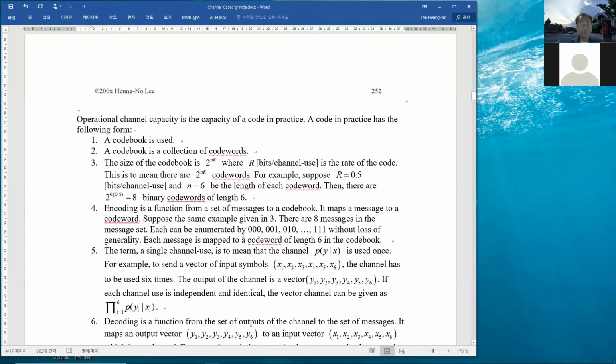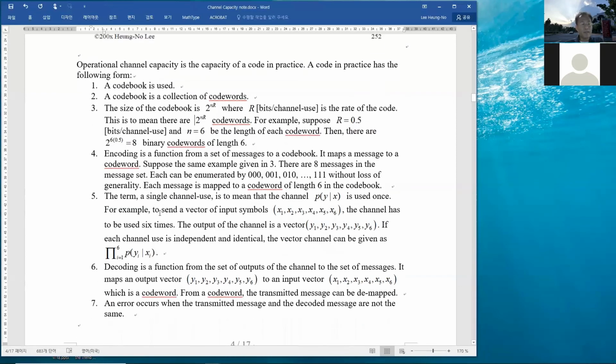There are 2 to the power of 3, which is 8 messages. They can be enumerated by binary strings such as 000, 001, and all the way up to 111 without loss of generality. Then each message is mapped to a code word of length 6 in the code book.